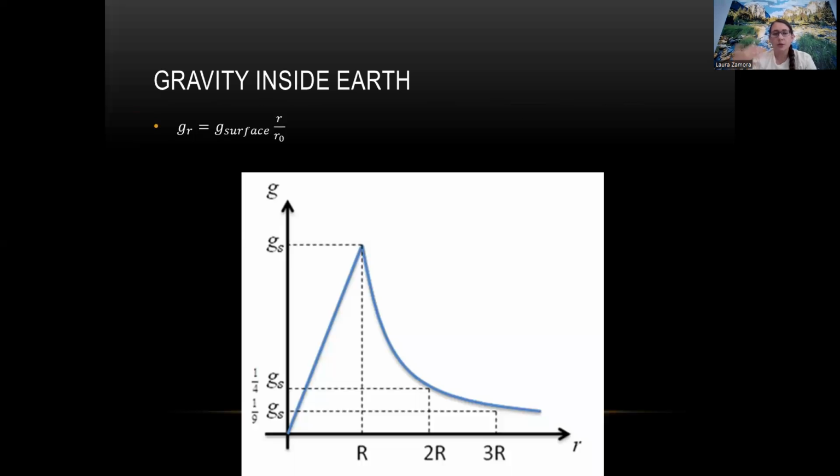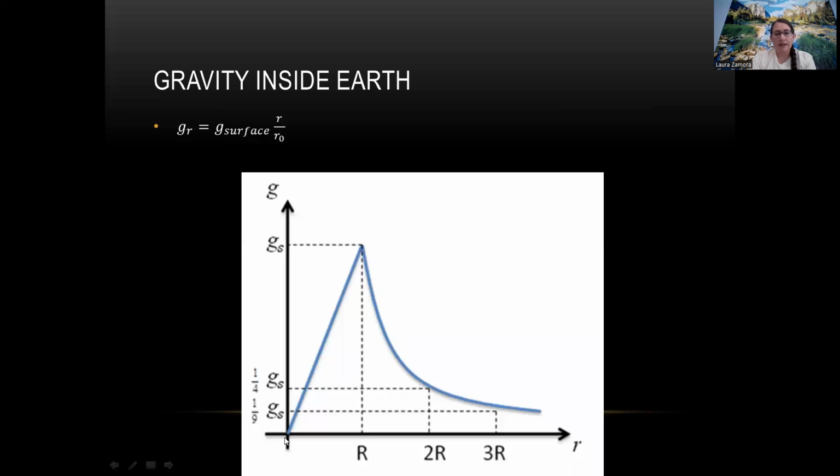Okay. So here's basically a graph of what we just talked about. Inside the Earth, this capital R is the radius of the Earth. So whenever we're anywhere within the Earth, the force of gravity and the acceleration due to gravity, lowercase g, follows this linear relationship.